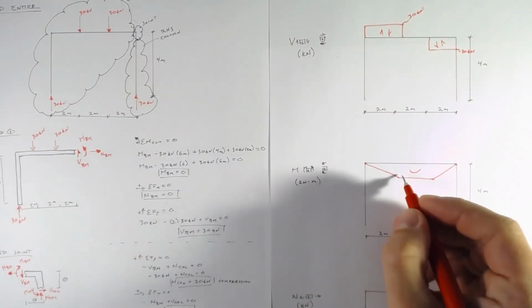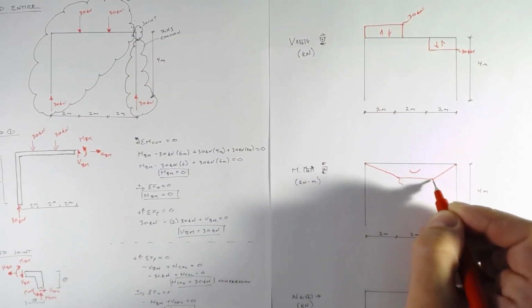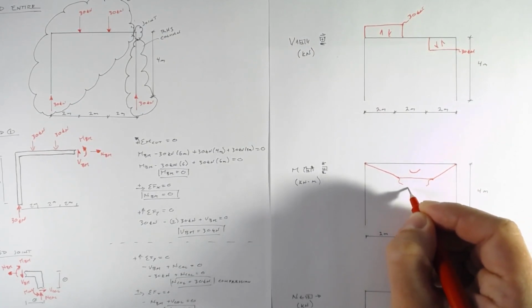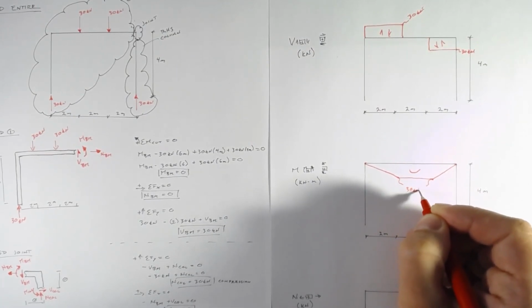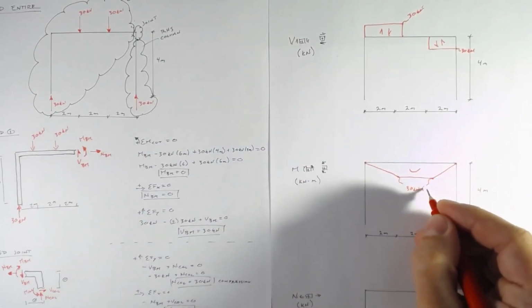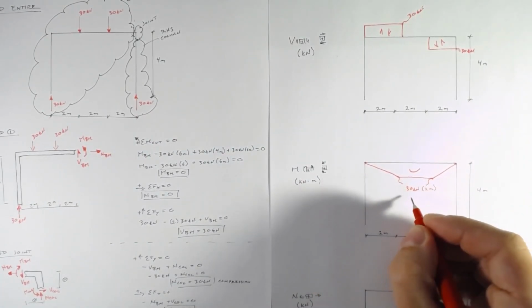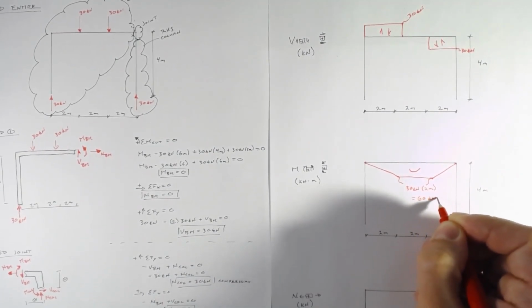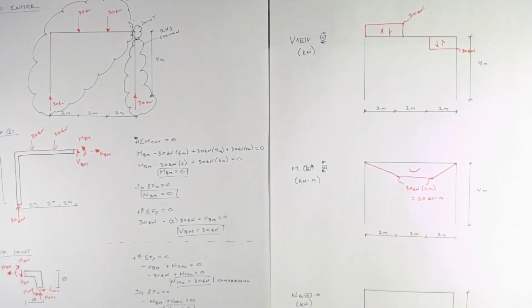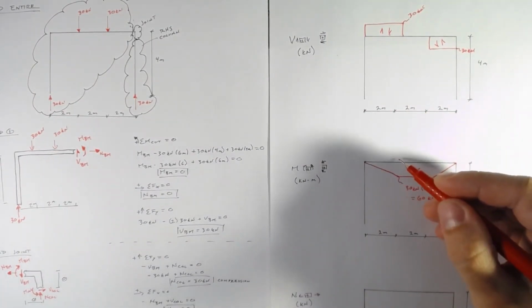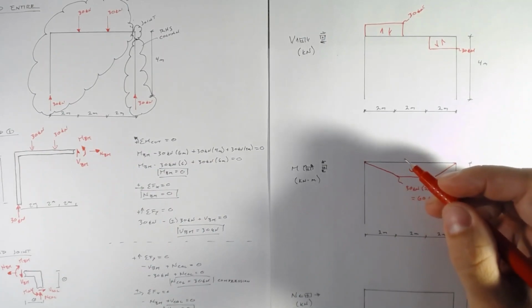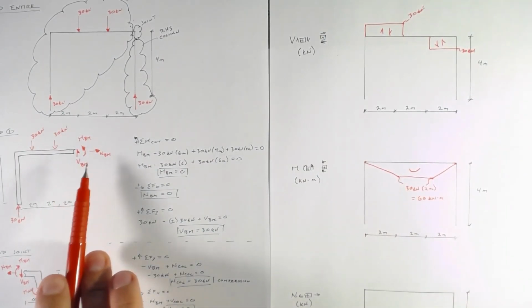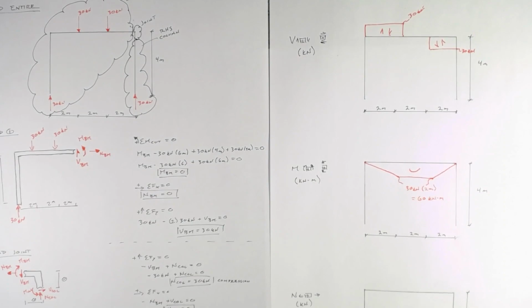So this is going to be, and these two are equal, 30 kilonewtons times 2 meters, and that equals 60 kilonewton meters. If you want to prove this to yourself, the easiest thing to do is just take a free body diagram right at 2 meters here and solve for what that internal moment is.